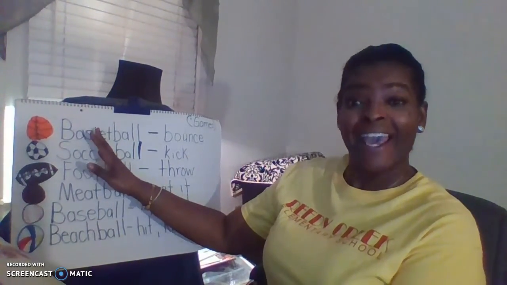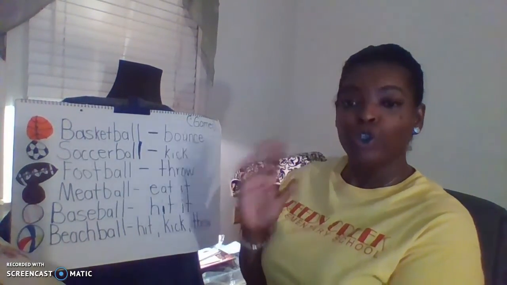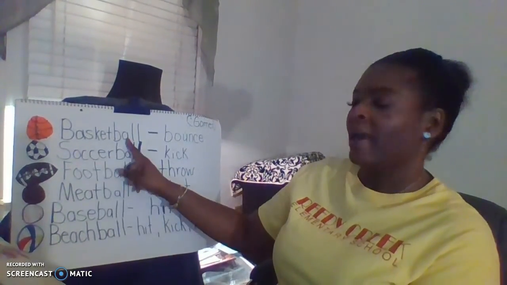And what else did we talk about? Right. We talked about compound words. When you take two words and you make one big word, basket and ball, and you put them together and it makes basketball. Good.